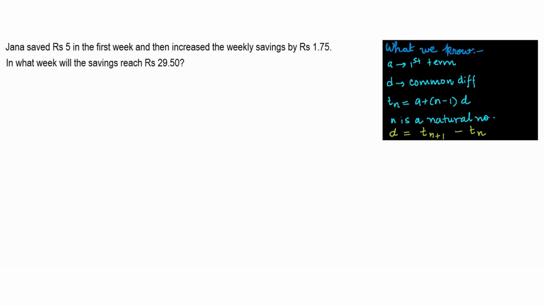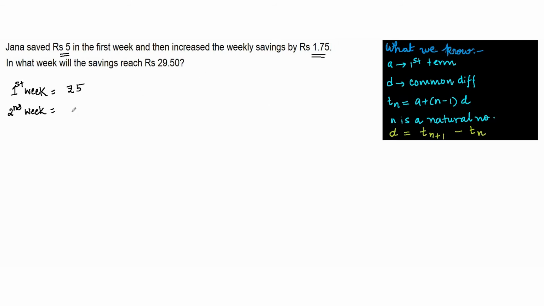Let's take a look at the following question. Jana saved rupees 5 in the first week and then increased the weekly savings by rupees 1.75. That means in the first week, the savings were rupees 5. In the second week, the savings were increased by rupees 1.75.